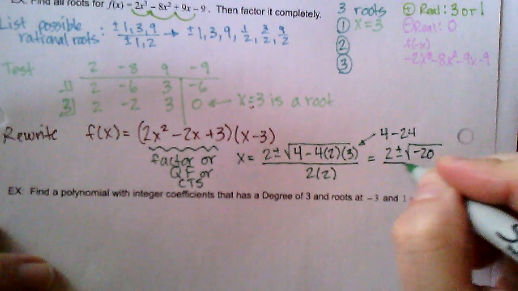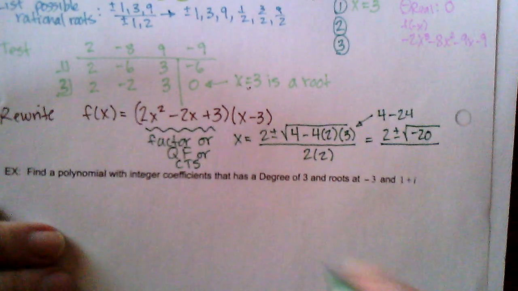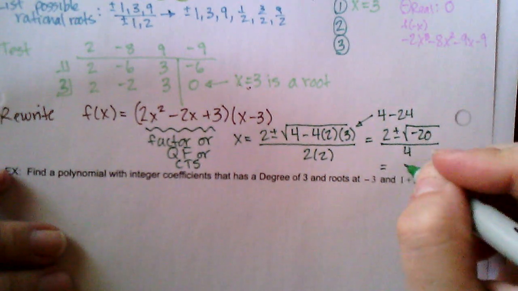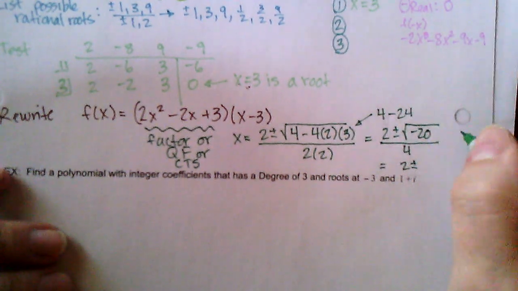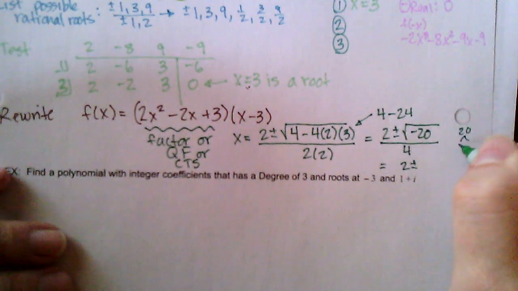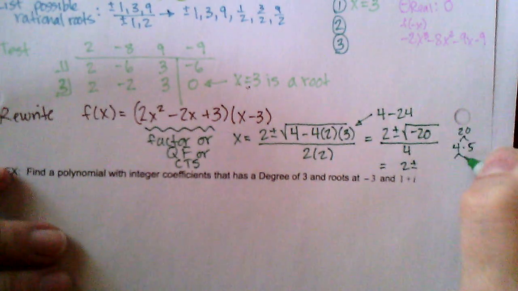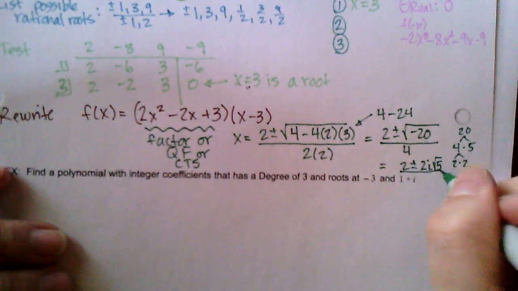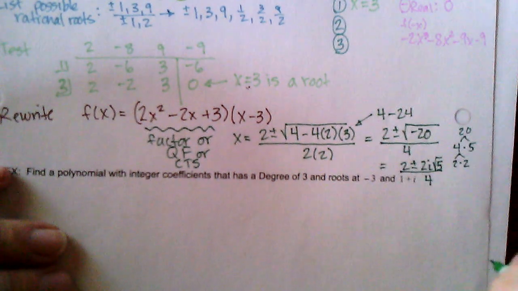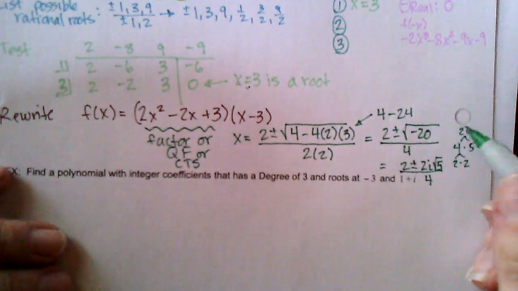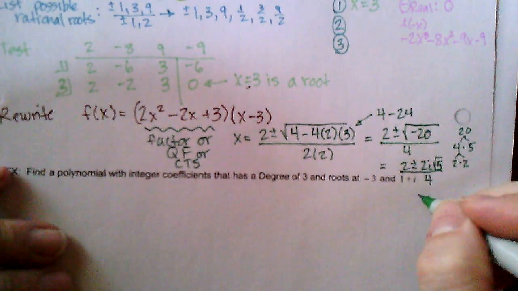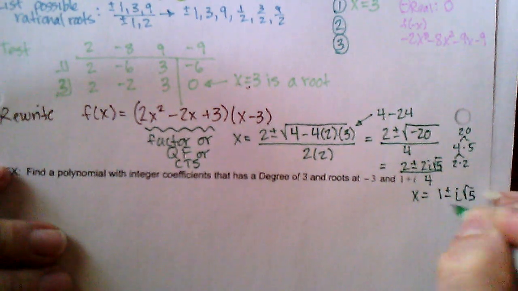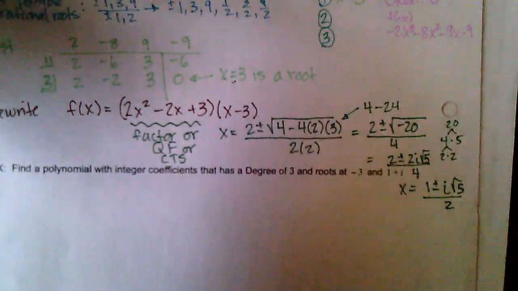So negative 20 all over 4. So that is 2 plus or minus the square root of 20, which breaks down to 4 times 5. So I would have 2i square roots of 5, and then it's all over 4. Since each of those are divisible by 2, that gives me x equals 1 plus or minus i square roots of 5 all over 2.